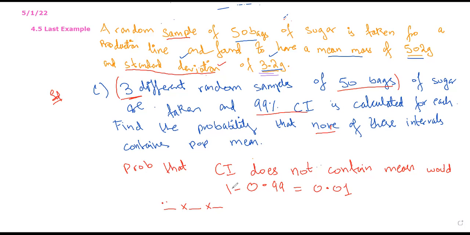This would be 0.01 into 0.01 into 0.01, that is 0.01 cubed, and that would be 0.000001. Did you understand this question? Yes, ma'am. Are you sure you understood this part as well?